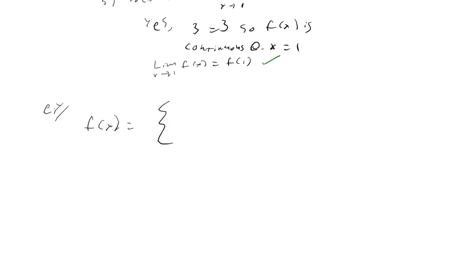Let's say it's x squared minus 5 when x is not equal to, let's say, 3, and x equals 2 when x does equal 3. So is f of x continuous at x equals 3?